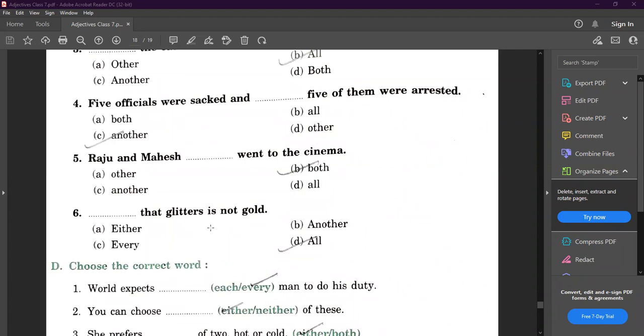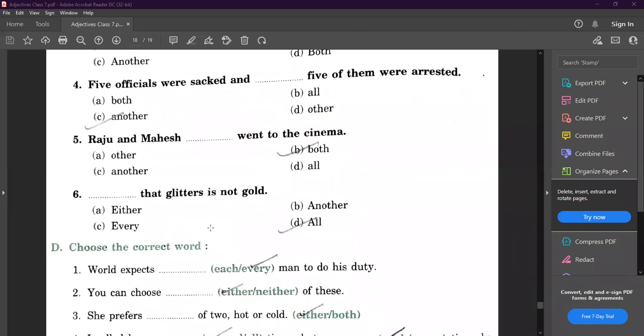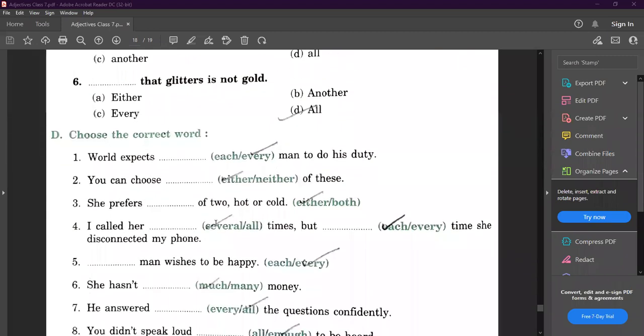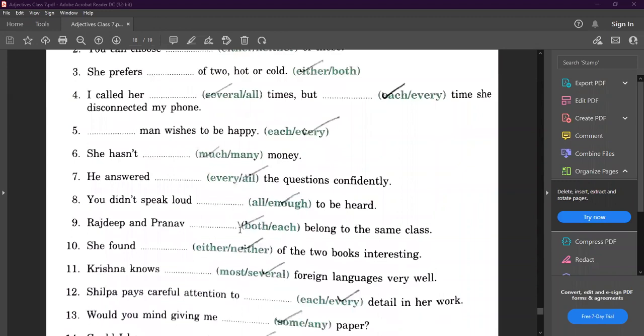Now choose the words correctly. The world expects every man to do his duty. You can choose either of these. She prefers, of two, hot or cold, either of two. I called her several times, but each time she disconnected my phone. Every man wishes to be happy. She hasn't much money.